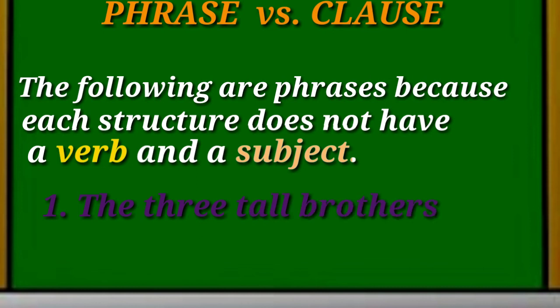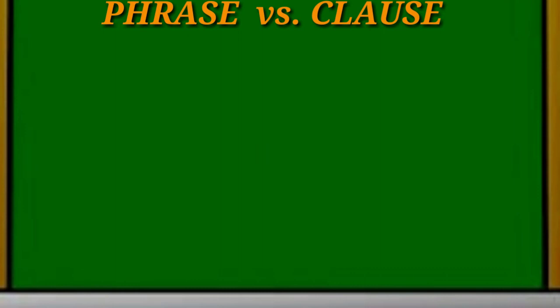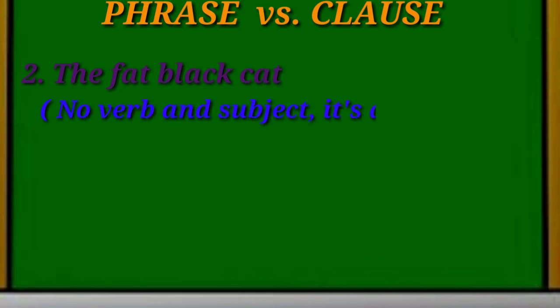The three tall brothers. Because we have no verb and subject, it is a phrase. 2. The fat black cat. We have no verb and subject. It is a phrase.